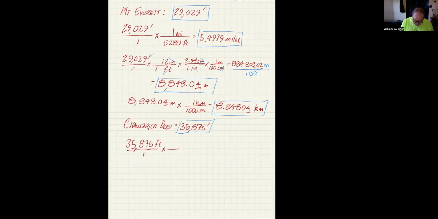I know that, in fact, there's 5,280 feet in 1 mile. Again, that's an exact figure. So if I just divide 35,876 by 5,280, I get 6.7947.